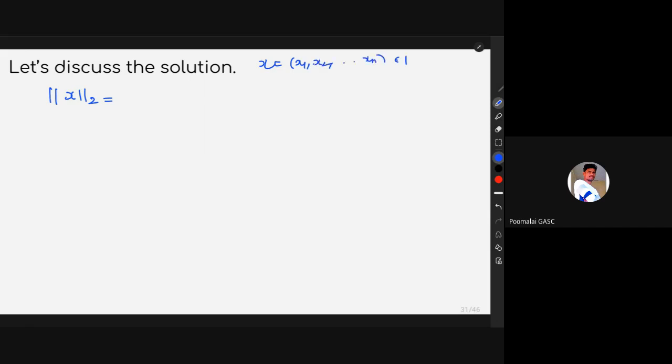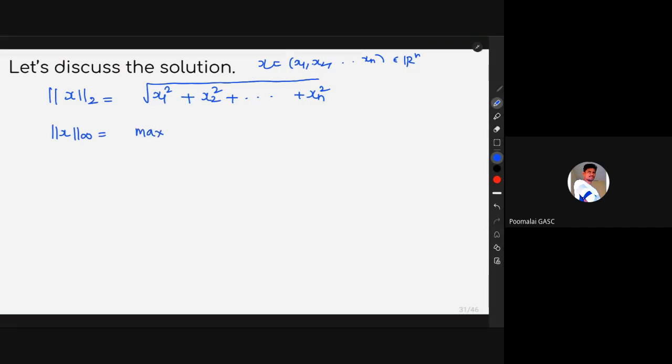The Euclidean norm of x is the square root of x1 square plus x2 square plus up to xn square. The infinity norm is the maximum of the moduli of x1 up to xn.